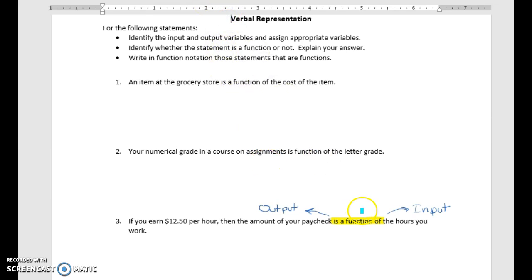It's really beneficial to highlight the input in one color and the output in some other color. In this case, the amount of the paycheck is your output and the hours you work is your input. It says to identify these and assign appropriate variables. So we can say that the input is H equals the number of hours worked.